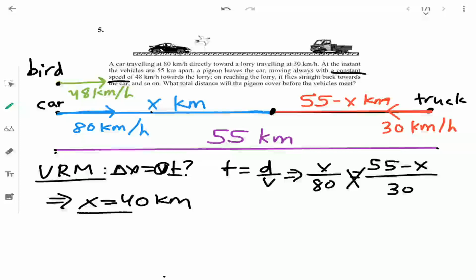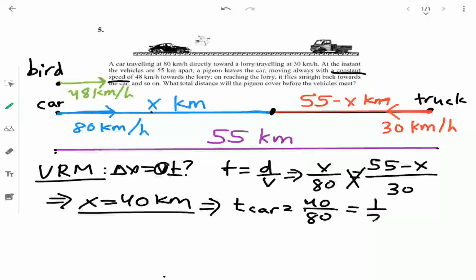Well, that should help us find how much time the car traveled for. For that, we need to do time for the car equals 40, which is the distance it travels, over the speed, which gives us half an hour. So the car has been traveling for half an hour. Well, now if we use this information for the bird, let's do it here.